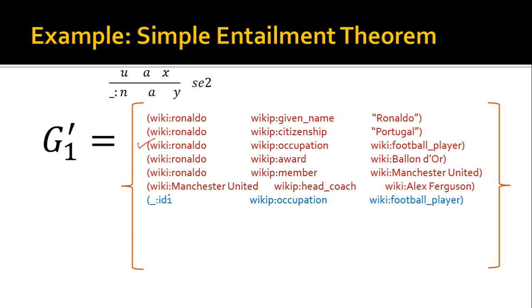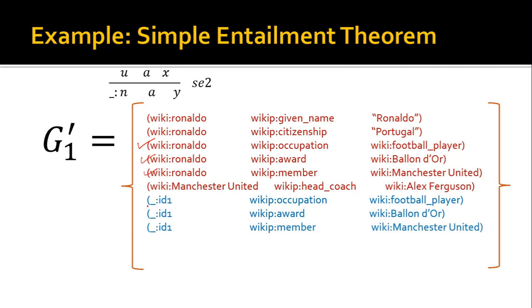So if we do that, we are just doing ID1, then occupation football player. Also, you are applying AC2 on the next one, right? Also, you are applying AC2 in the next one. We are applying AC1 in the next one.